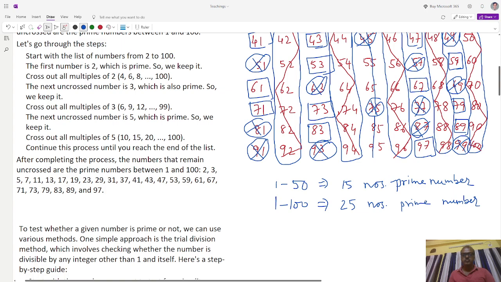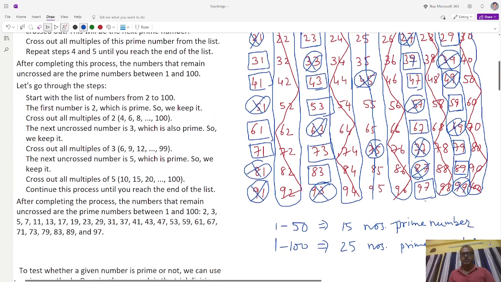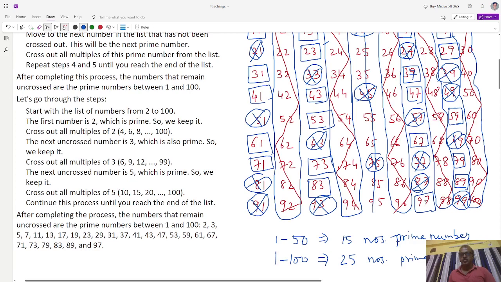So it may be noted that the number of prime numbers present in each equal interval is not equal, because within 1 to 50 there are 15 prime numbers, but 1 to 100 there are 25 prime numbers.